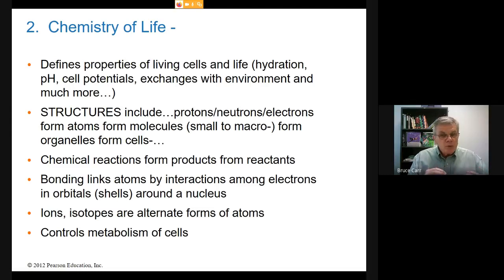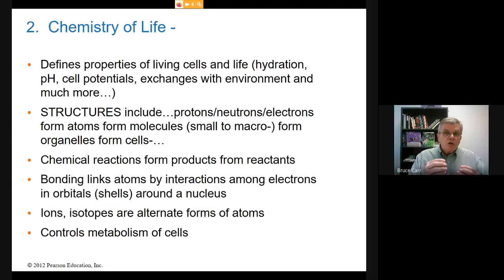These subunits that we call atoms are made of protons, neutrons, and electrons. So remember that first. There are 3 subunits, and at the atomic level, they make up all the atoms in all the universe. Just 3: protons, neutrons, and electrons.